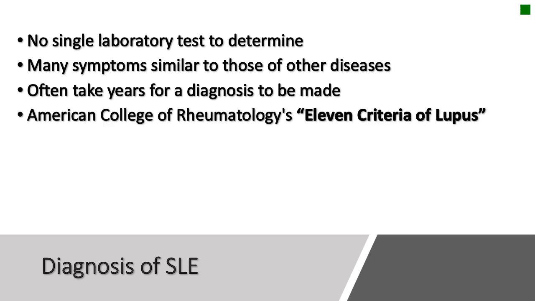The American College of Rheumatology has developed an 11-point criteria for determining if a person has this condition. According to the guidelines, a person must present at least 4 out of these 11 criteria.